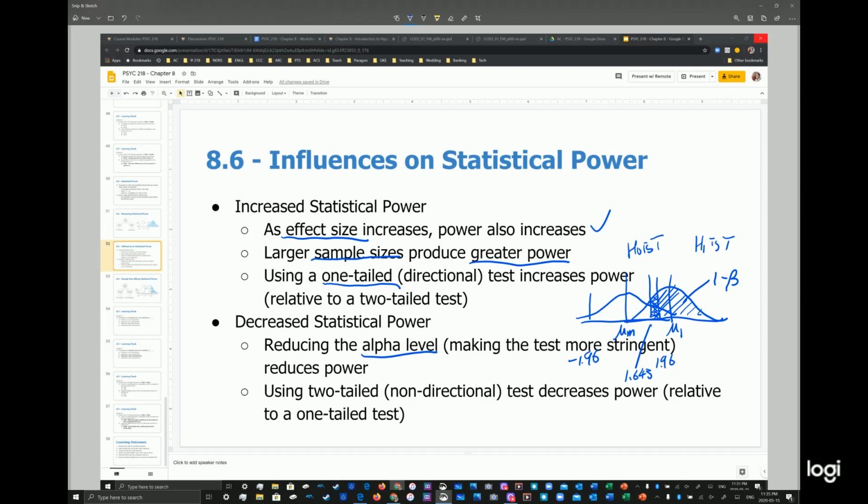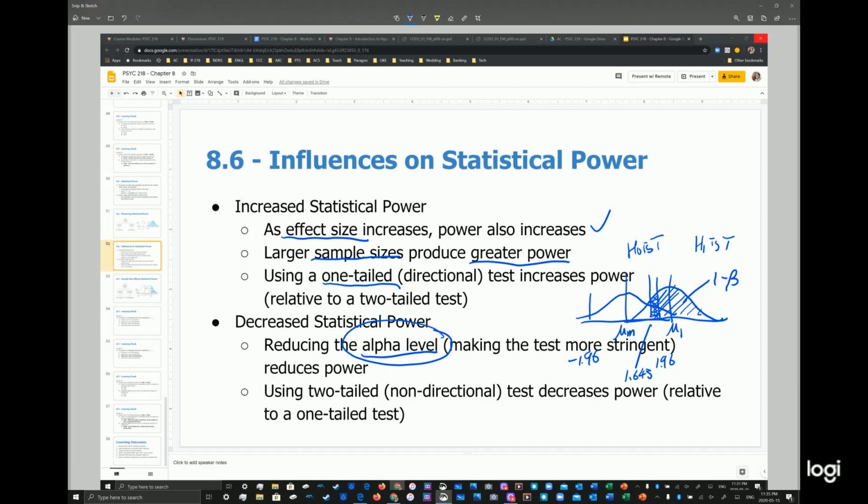Usually this is not just changing a one-tailed test to a two-tailed test. Again, the reasoning would be, if you're just trying to see if there's a difference, you would use two tails. If you have evidence and reason to believe there is one direction in difference, then you use a one-tailed test. Here we reduce alpha level by changing the whole alpha level.